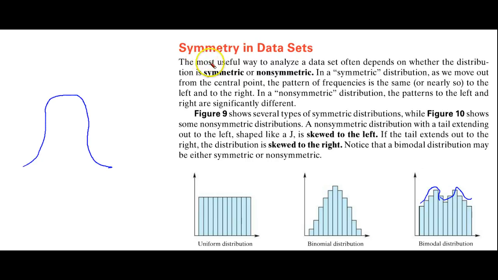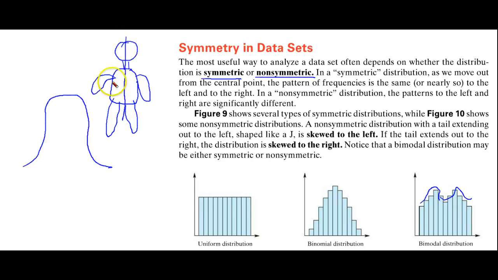And let's look at this word though, symmetry. Something is symmetric or non-symmetric. Well, we use this in biology when we refer to a person here. Oh, I'm not a very good artist, am I? That if you divide it down the middle and kind of folded the sides over to each other, they would sort of match up.